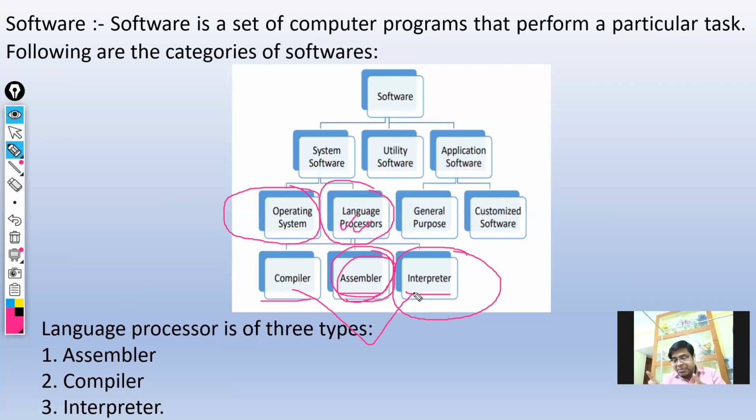But the interpreter just checks your statements one by one. If the first statement is okay and the second statement has an error, it is not going to entertain the third statement unless your second statement is error free.